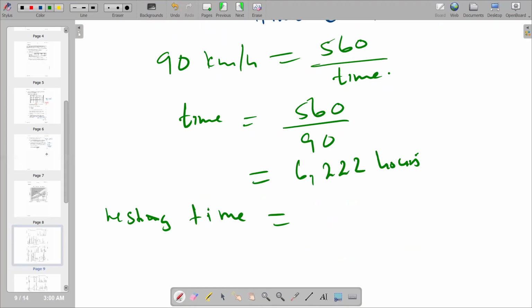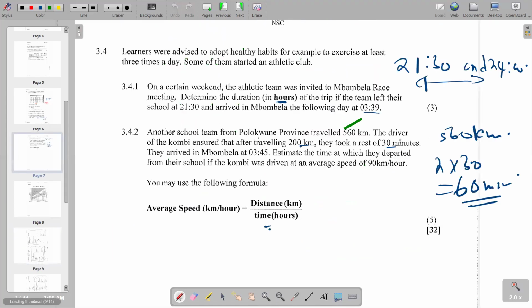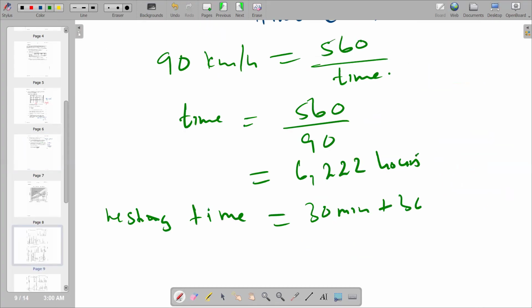Resting time is equal to, remember, they rested 30 minutes after 200 kilometers, and we've got 2 lots of 200 kilometers inside 560, so there is 1 hour. So it means we're going to add 30 minutes plus 30 minutes. This is going to give you 60 minutes, which is equal to 1 hour.